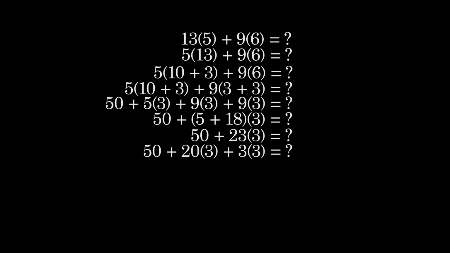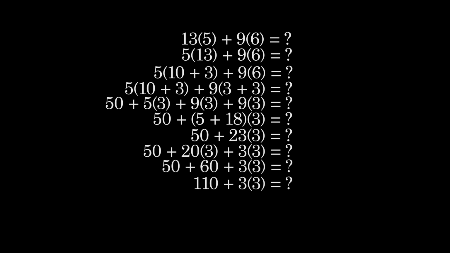So that's 50 plus 20 times 3, which is 60, and 50 plus 60 is 110. And we're adding that to our leftover 3 plus 3(3), which is 9. So 110 plus 9 is, wait, who would have seen this coming? That's the same 119 we've already solved before.